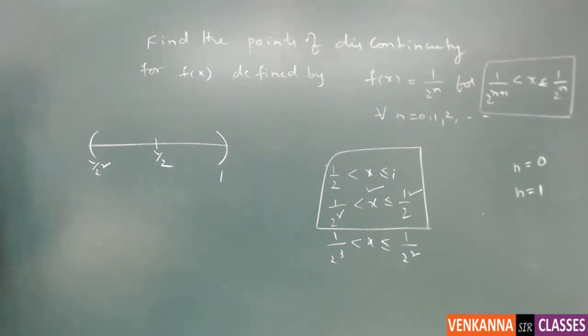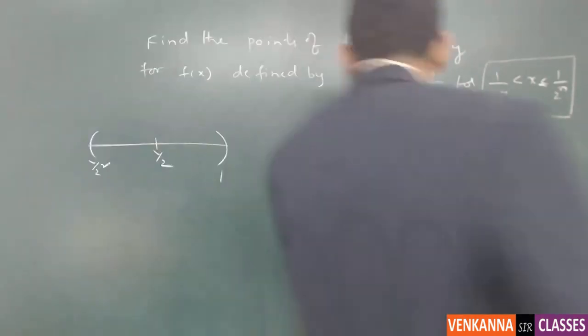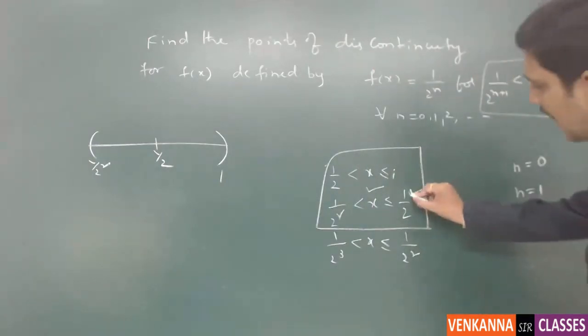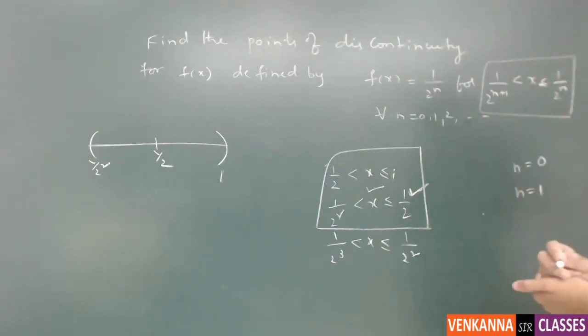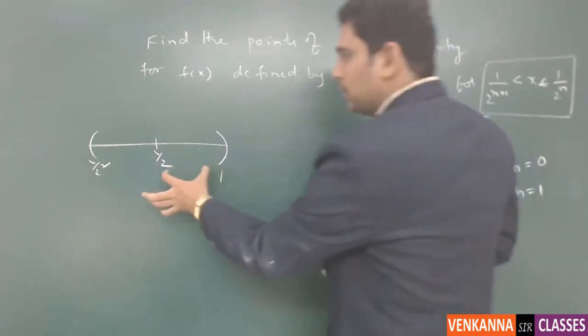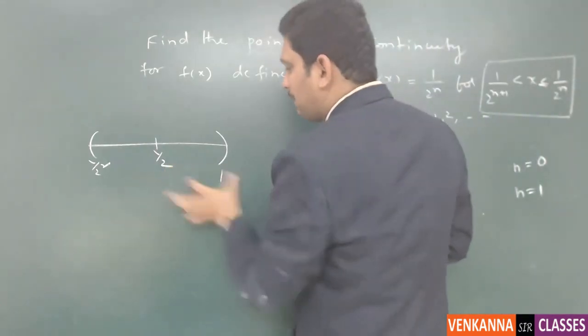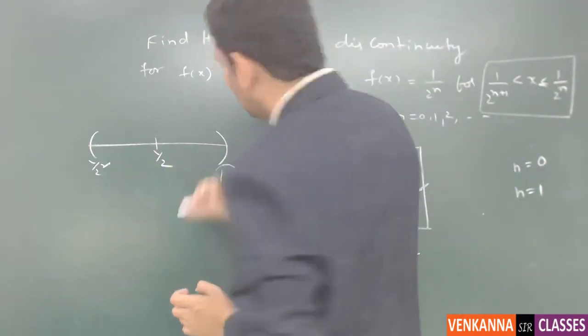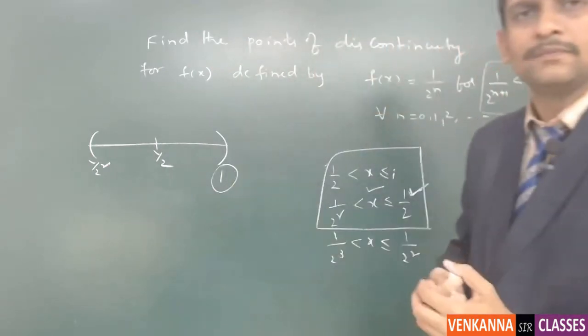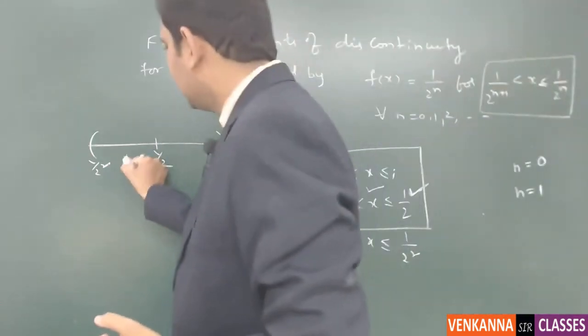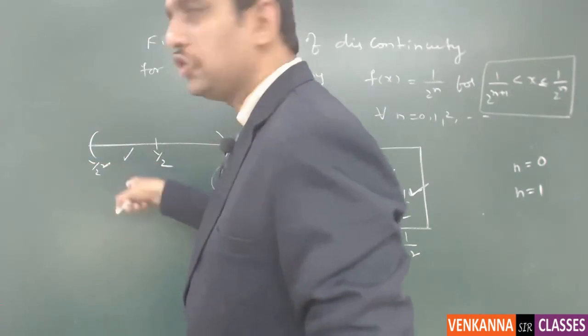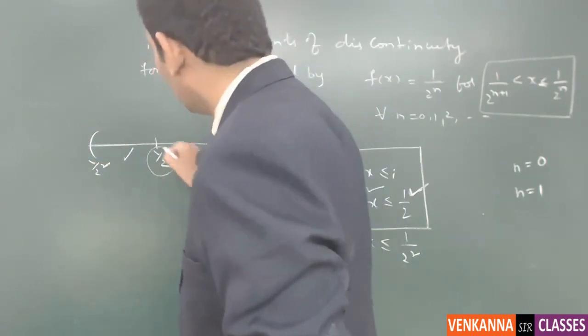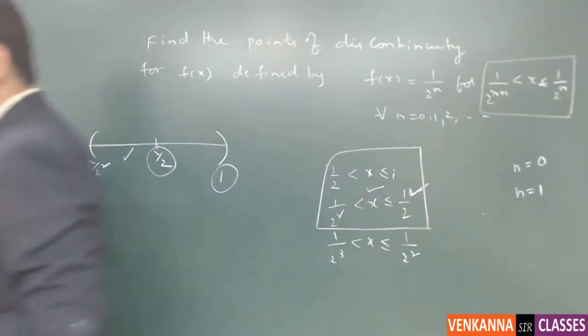Fine. So if you observe the inequalities, how is the function value defined? Whenever you have an inequality, the upper value is taken as the function value. So if you choose x here, the upper value is 1, so the function value is 1. If you choose x in this portion, between these two, the upper value is 1/2, so this is the value of the function.